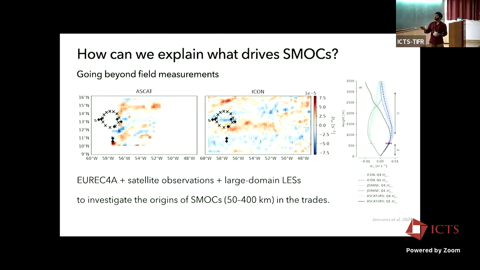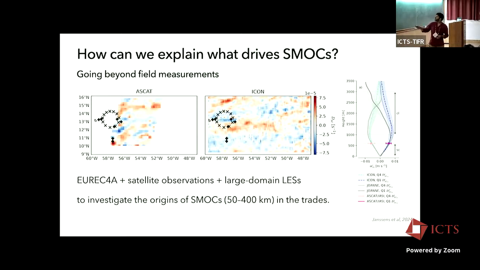At the same time, he looked at very large domain LES runs, which were also forced with realistic conditions. So these are not periodic boundary conditions, to investigate how these shallow circulations, these SMOCs, form.